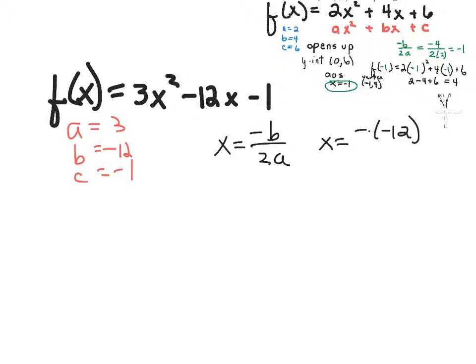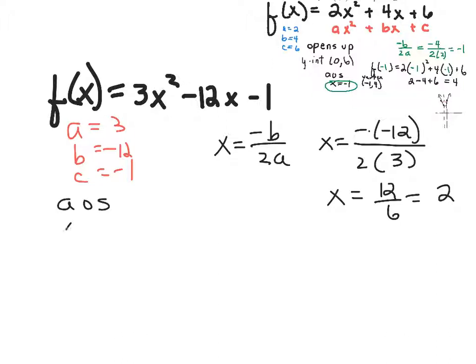We have to take the opposite of whatever our b value is, divided by 2 times our a, which in this case is 3. Okay, so the numerator evaluates out to be positive 12. So we have x equals 12 divided by 6, which gives us a 2. So the x coordinate of our vertex is 2. We already know the axis of symmetry, so we can write that down, x equals 2.